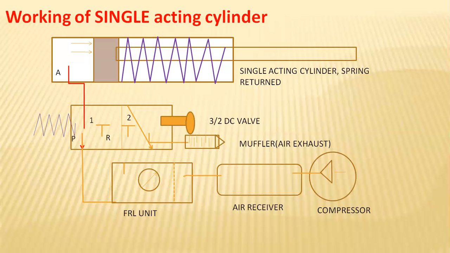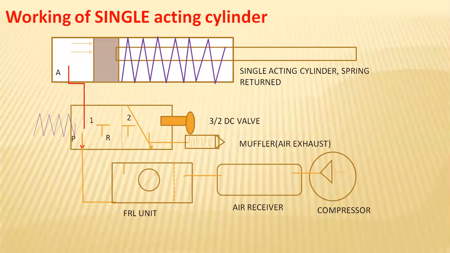Hence, if you observe clearly here, it shows a compressor which compresses the air, and the air receiver will send the compressed air to the FRL unit. Just as we discussed, the FRL unit is nothing but the filtration, regulation, and lubrication unit.